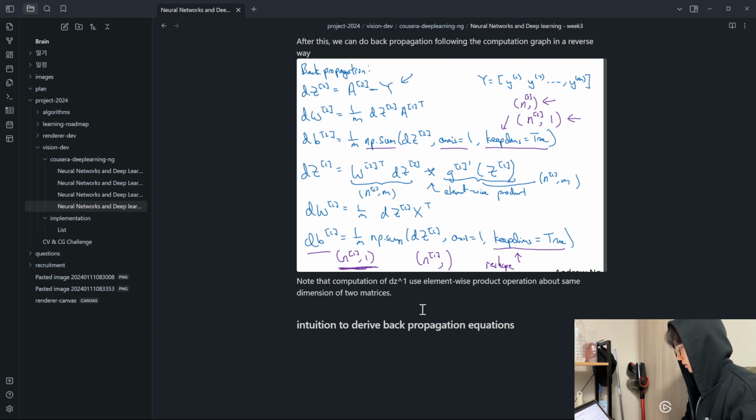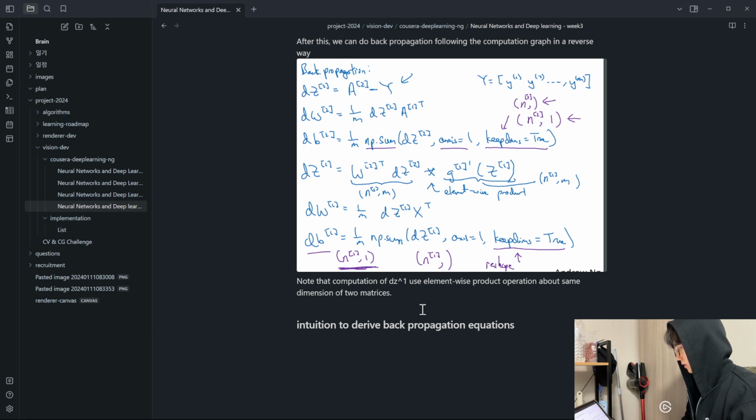So just remember, this is still logistic regression. We have x1, x2, x3, and then just one sigmoid unit, and then that gives us a, gives us y hat. So here, the activation function was a sigmoid function.